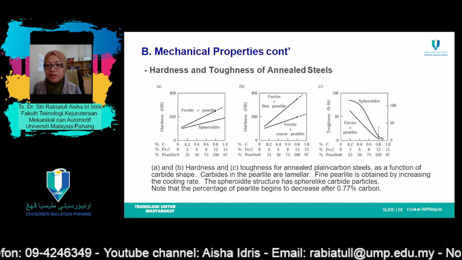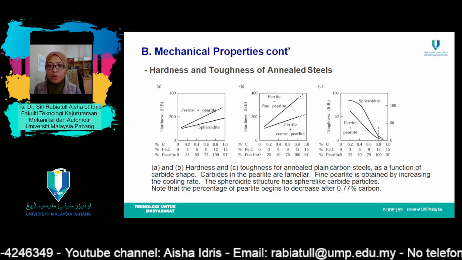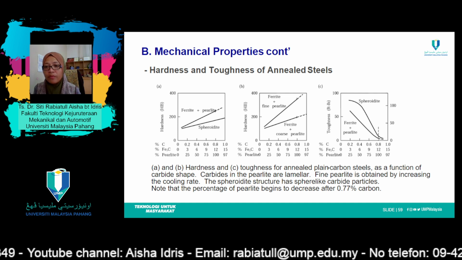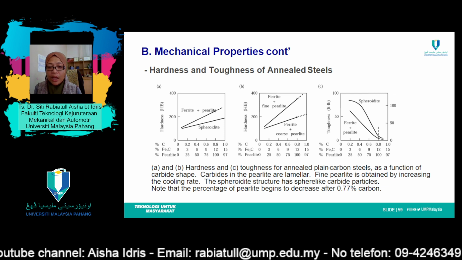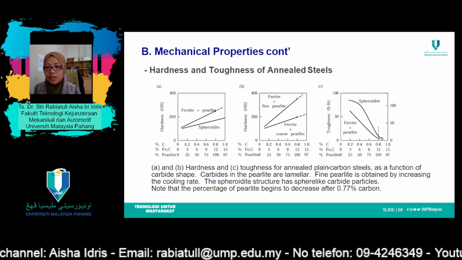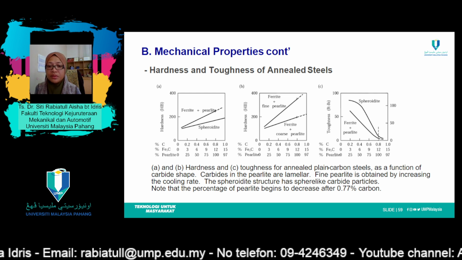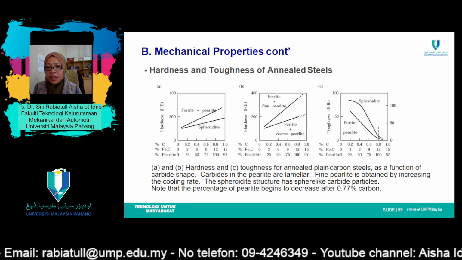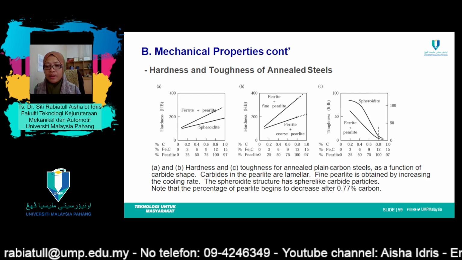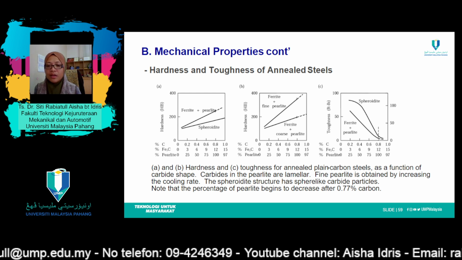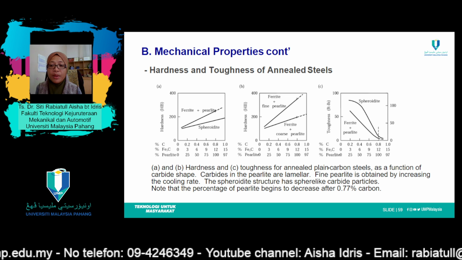And this graph over here shows the hardness and toughness of annealed steel. Figures A and B show hardness, and C shows toughness, for annealed plain carbon steel as a function of carbide shape. Carbides in the pearlite are lamellar in shape.